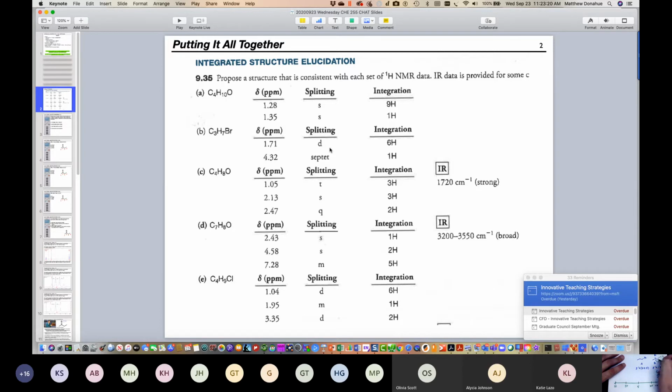But see this H here at 4.32? Every substitution you do to the carbon itself moves the chemical shift away from 0 towards 10.